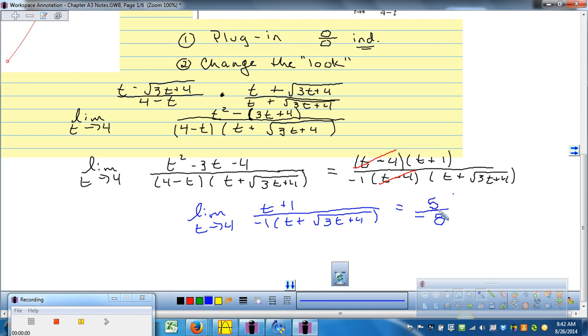When we go about it algebraically, that's the analytical approach. We also, just as the title of your book says, can look at something graphically. So we could graph it and see what the limit is. We can look at something numerically. So we could create a table and have our x values getting closer and closer to 4 from both sides, and then see what our y values are approaching.